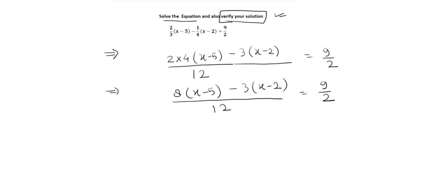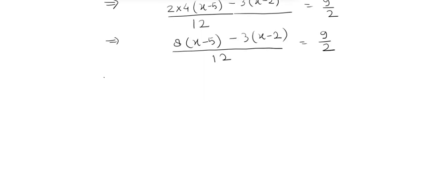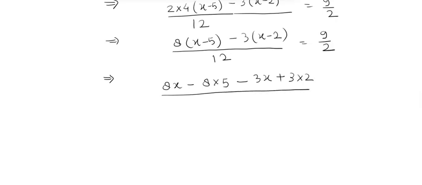Now using the distributive property, multiply 8 in both terms, so we will get 8x minus 8 multiply 5 minus, open bracket, minus 3x plus 3 multiply 2, divided by 12.